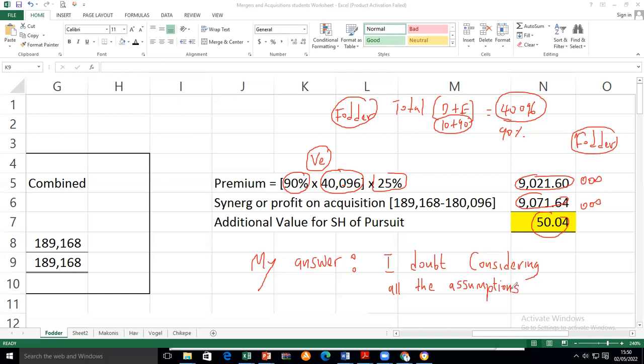The reason it's a bit lower in the current circumstances is because of the premium. And there could be other additional benefits to the shareholders besides the actual money terms of the 50,000 that will benefit the shareholders in future and not in the current financial year of acquisition. That is how I would have answered it.